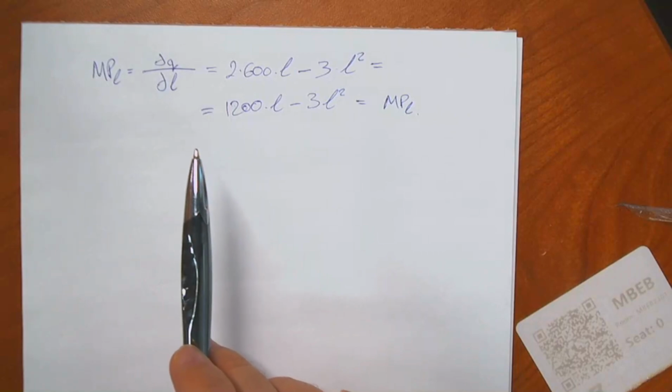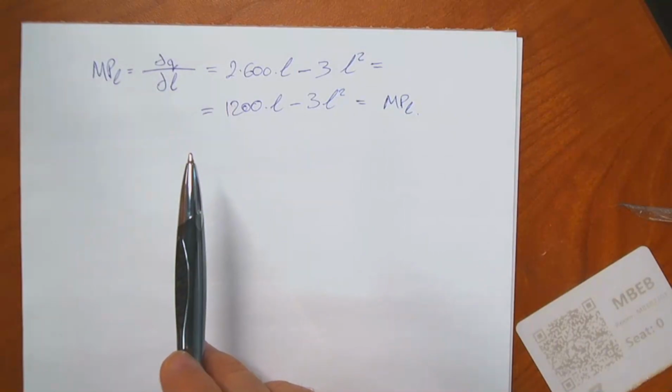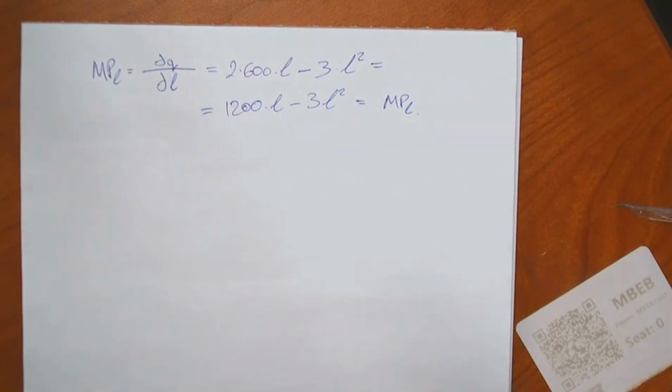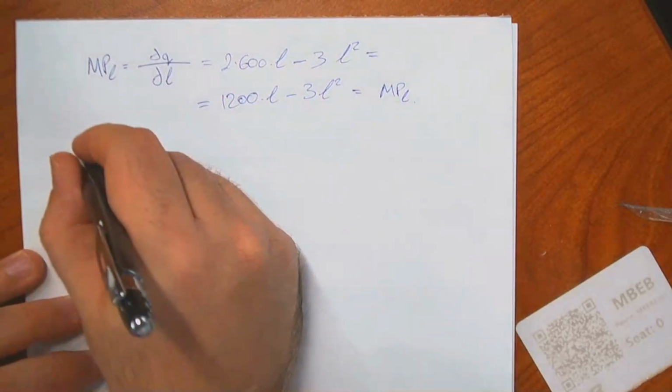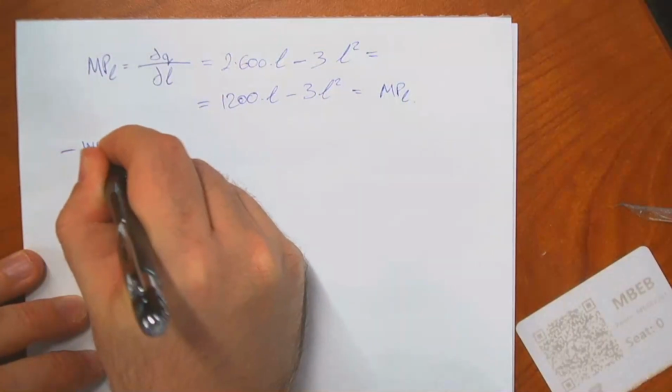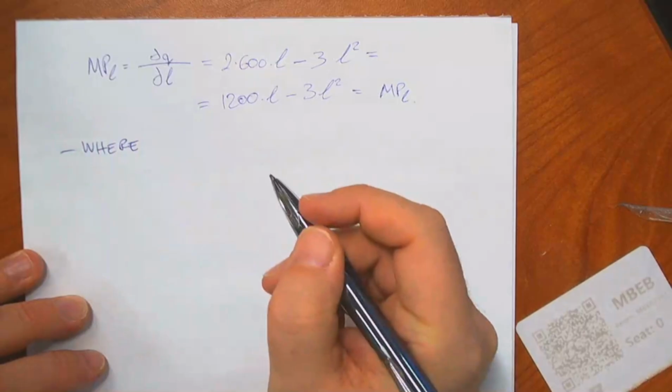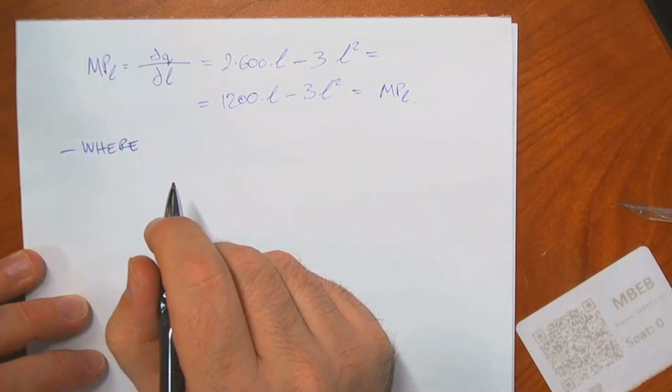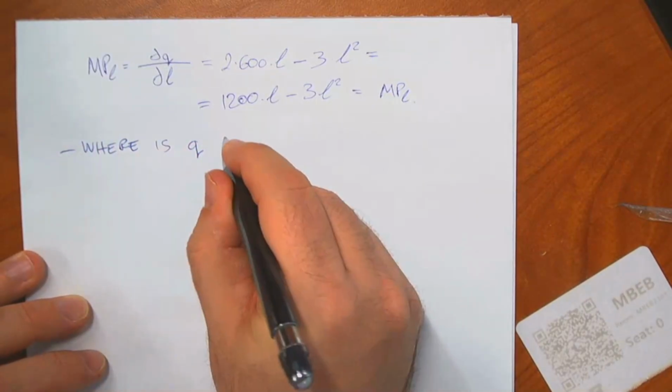At which level of labor are you going to get the maximum marginal product? Each worker is going to be producing the maximum output. So the question then is, and I'm going to stop on this question, where is Q maximized?